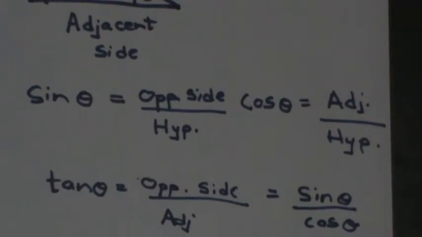The first one is the type called quotient identities. The second type is called the reciprocal identities.